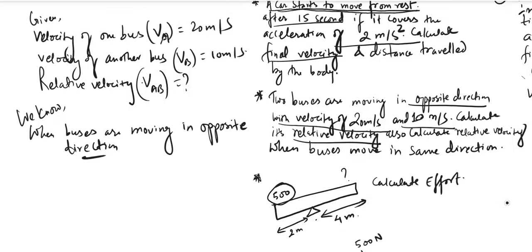So for opposite direction, VAB is equal to VA plus VB. In opposite direction we have to do plus, okay? So next, VA is 20 plus 10 is equal to 30 meter per second. That is how we can do.